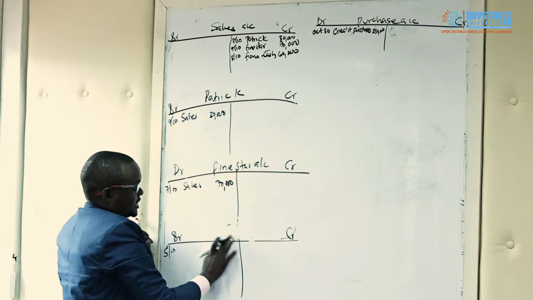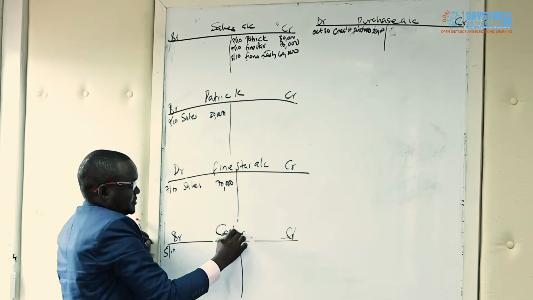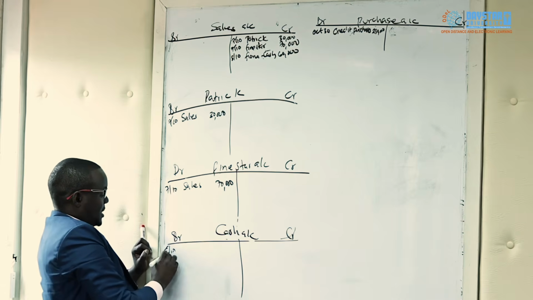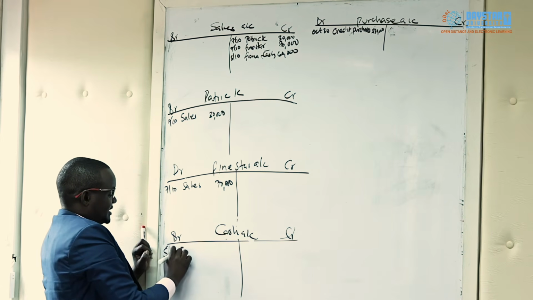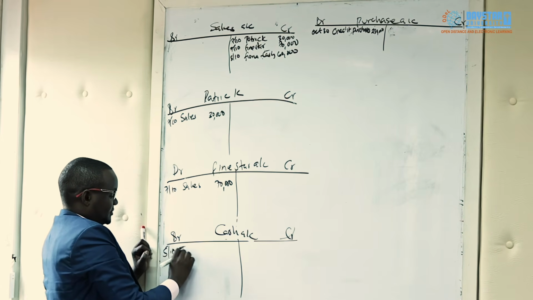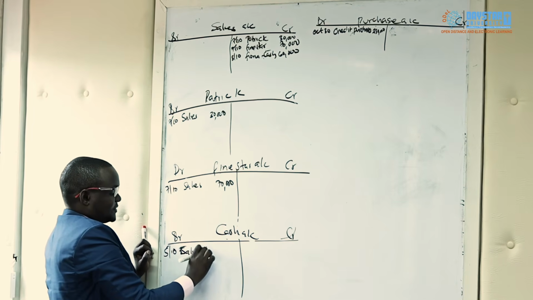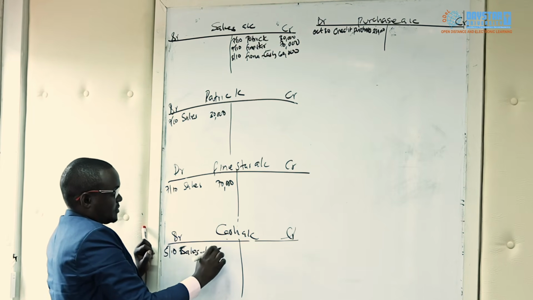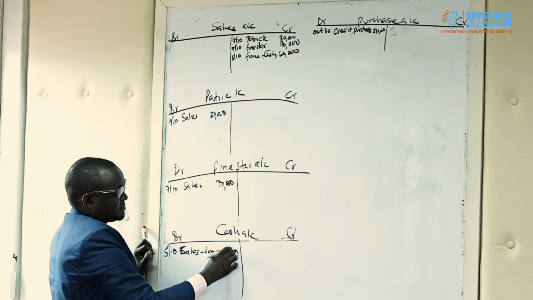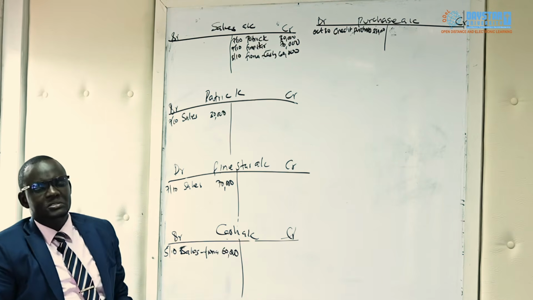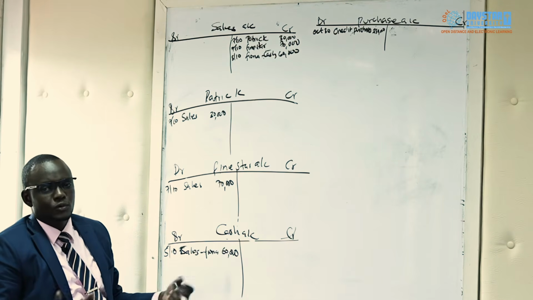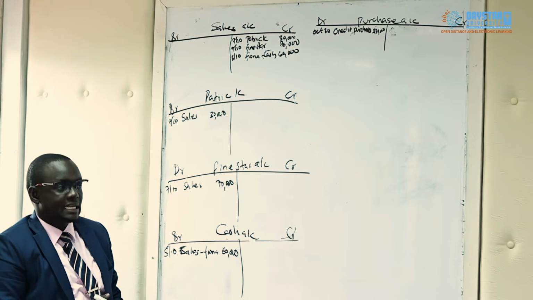So this would go to cash account. In the cash account, you debit and say this is sales, and you can specify this sales is from Fiona, and the amount is 60,000. That's how you use the journals to do ledgers, or cross-check ledgers.